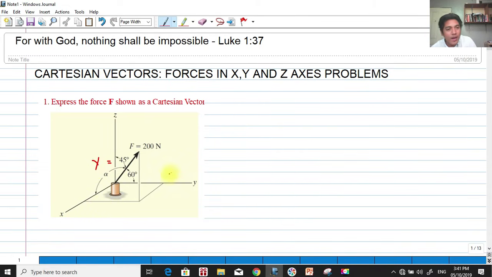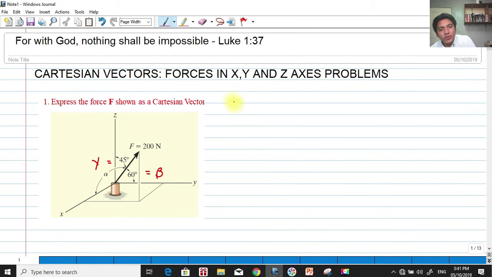And the 60 degrees here is the angle between the vector and the y-axis, and that is our beta. Here, we don't know the alpha, which is the angle from the force to the positive x-axis.